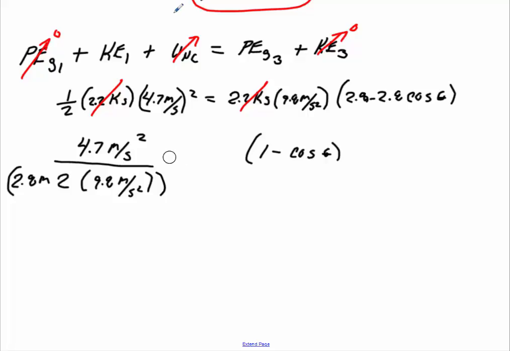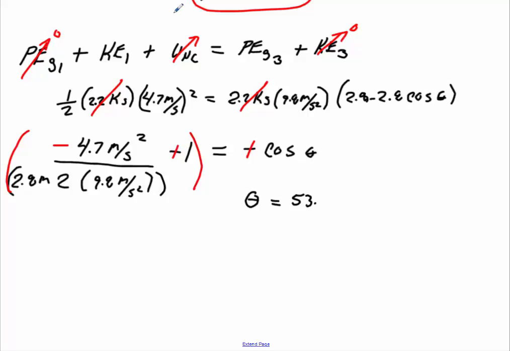So I'll move this over here, and that's going to equal the negative cosine. Now I will negate everything, so this will become negative here, and this becomes positive here. At that point, I take the inverse cosine of all this. And when I do that, I will get theta is equal to 53.3 degrees.